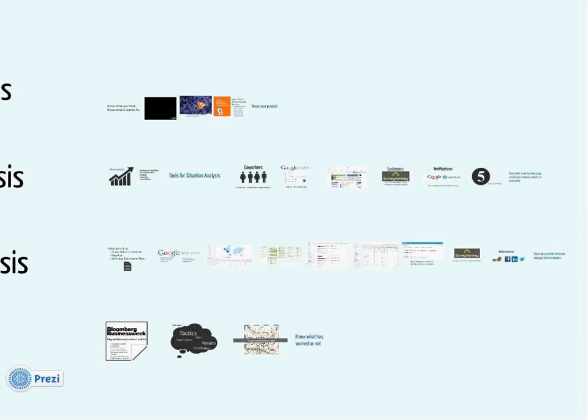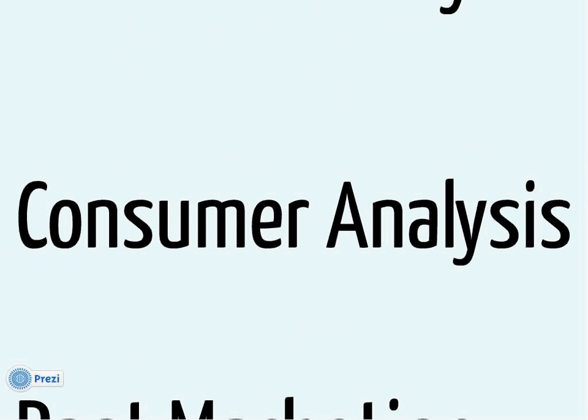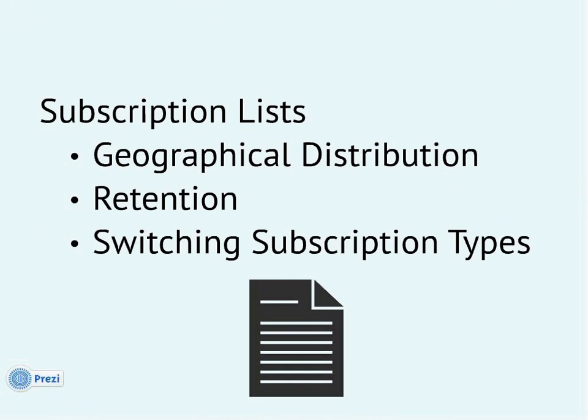The next section that we're going to talk about is analyzing your consumer and the current customers, readers, and members that you have. Looking at your subscription or membership lists will really help you see geographically, probably, where your consumers are.